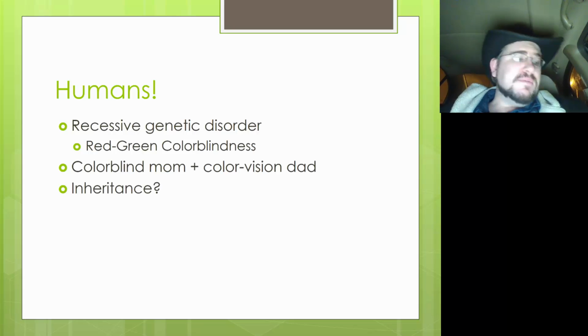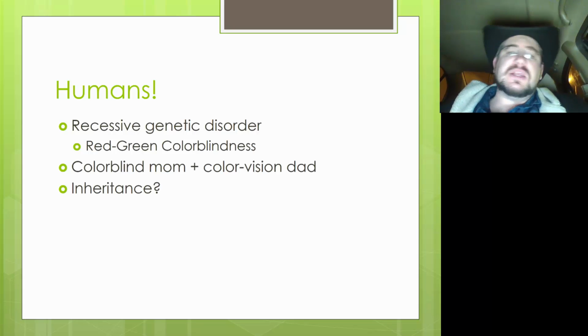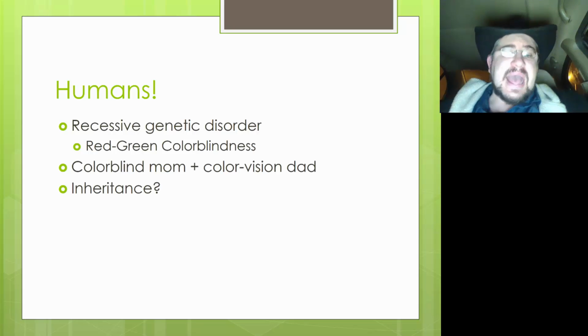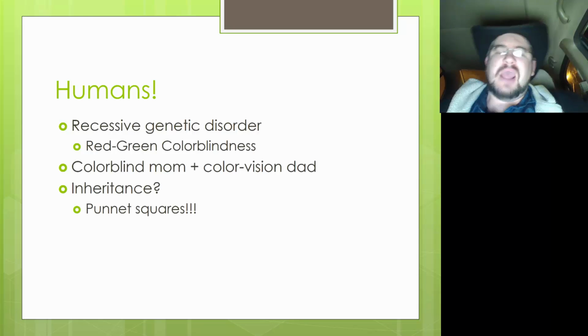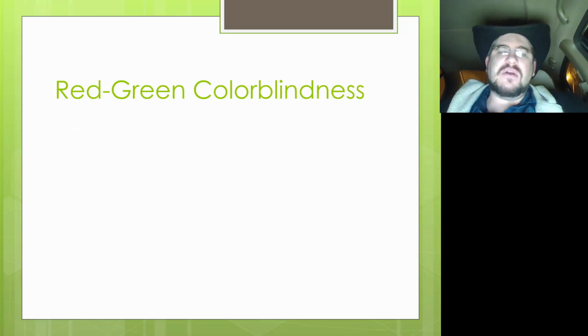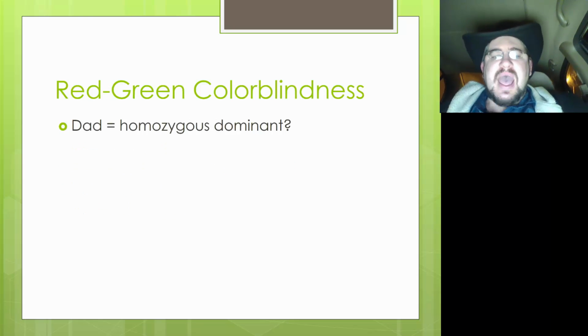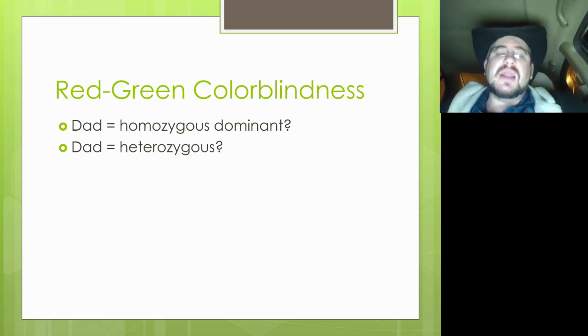Well, let's go through some basic Mendelian rules of inheritance, and let's play a game of what genotype is dad, right? So let's do some Punnett Squares with the rules of Mendelian inheritance. Here we go. Red-green color blindness. Dad, let's see what happens if he's homozygous dominant, and let's see what happens if he's heterozygous.